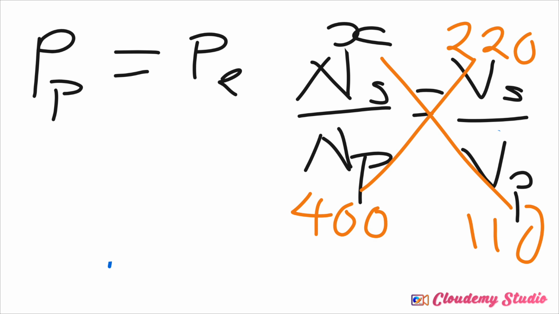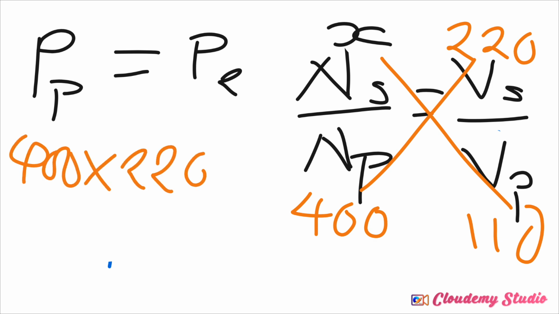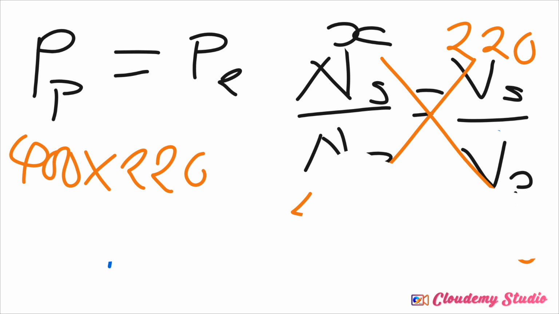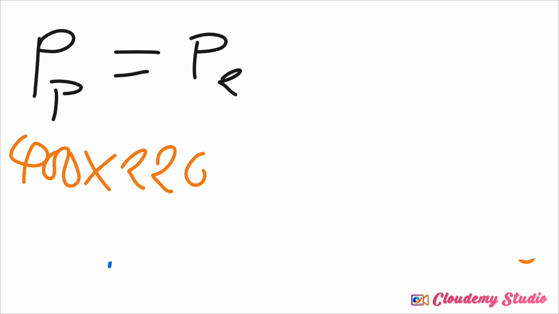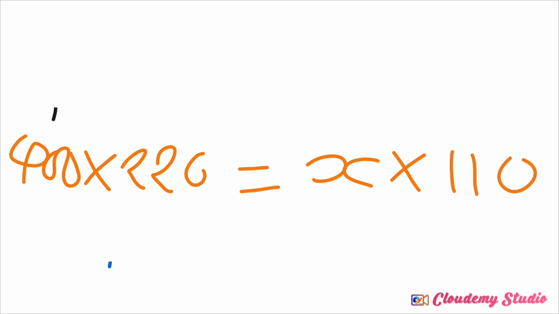So we are going to have 400 multiplied by 220 equals x multiplied by 110, like this.